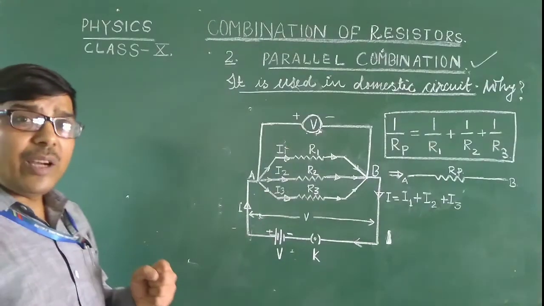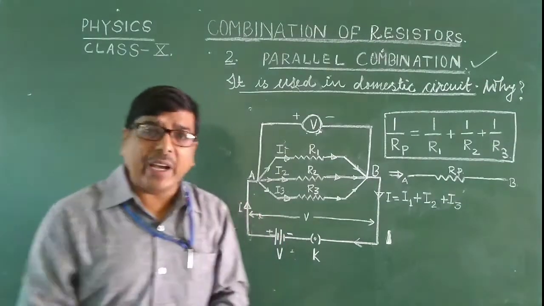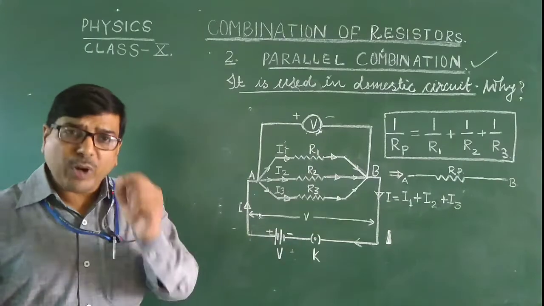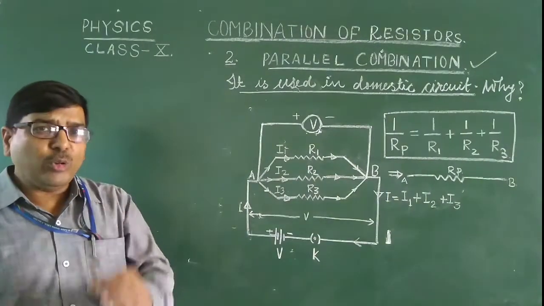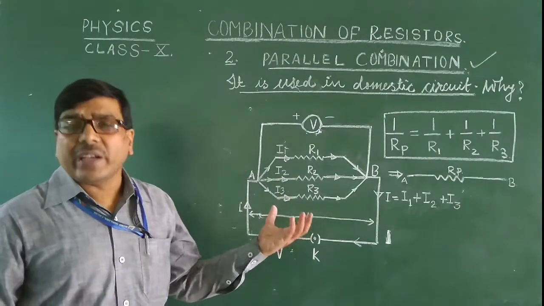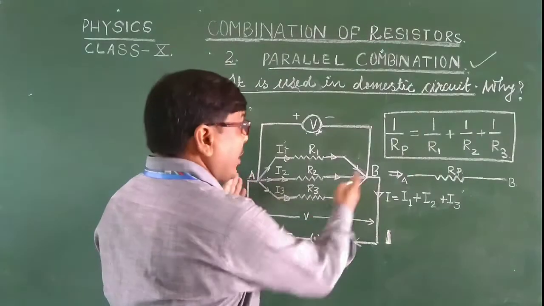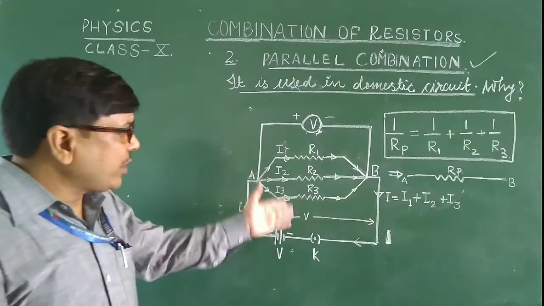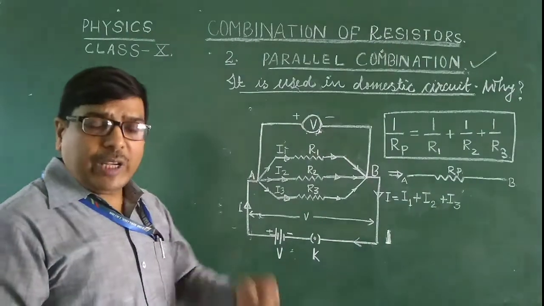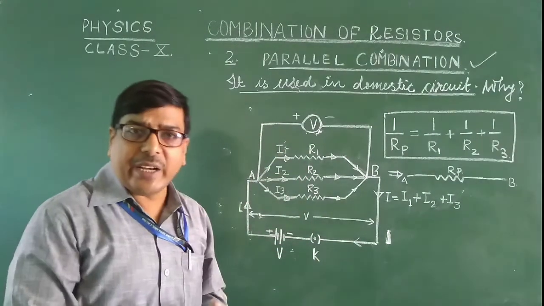The parallel combination is defined as the method, the process, in which two or more resistances are connected between 2 points. Here is the diagram in which three resistors are connected in parallel.